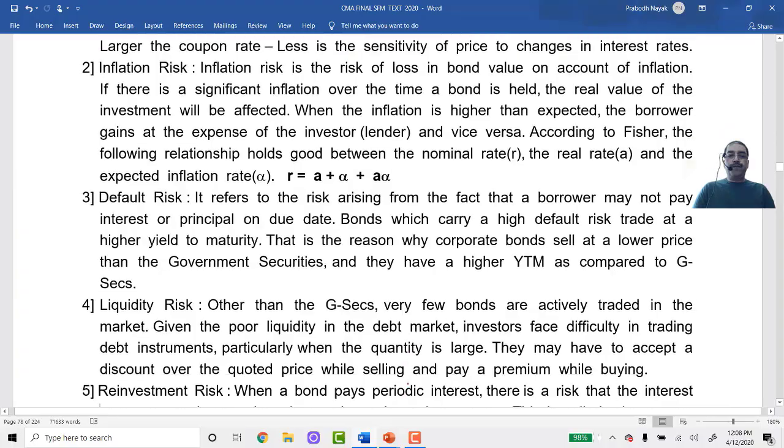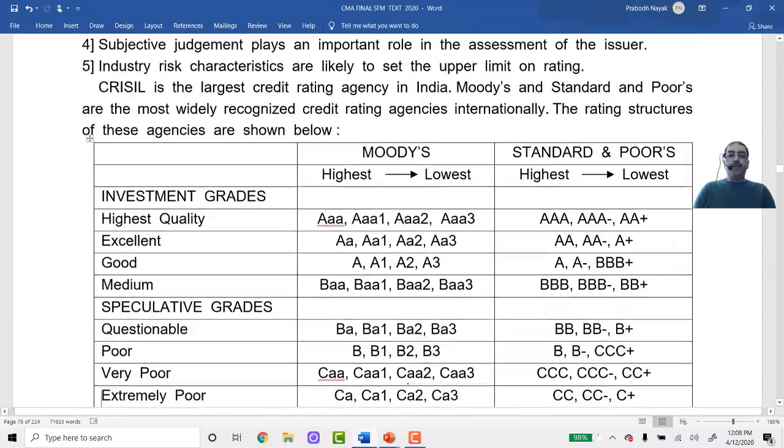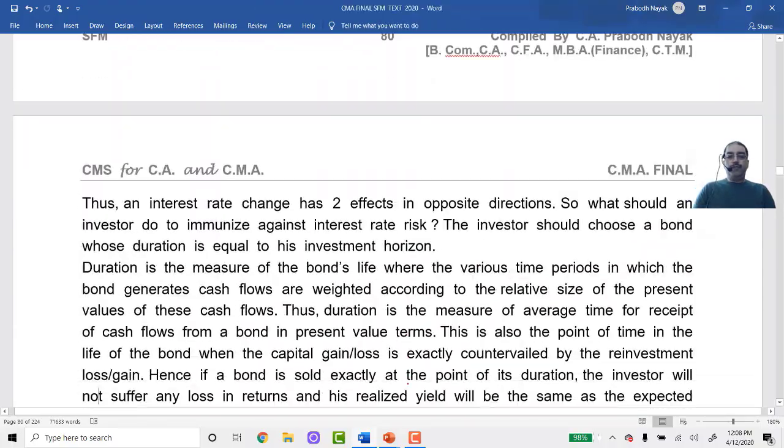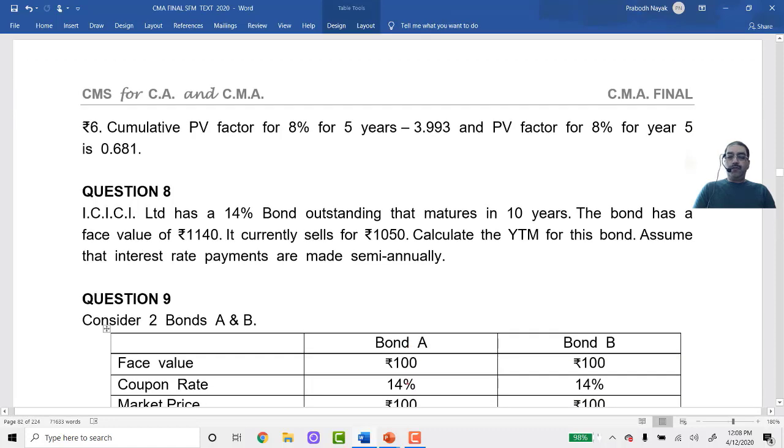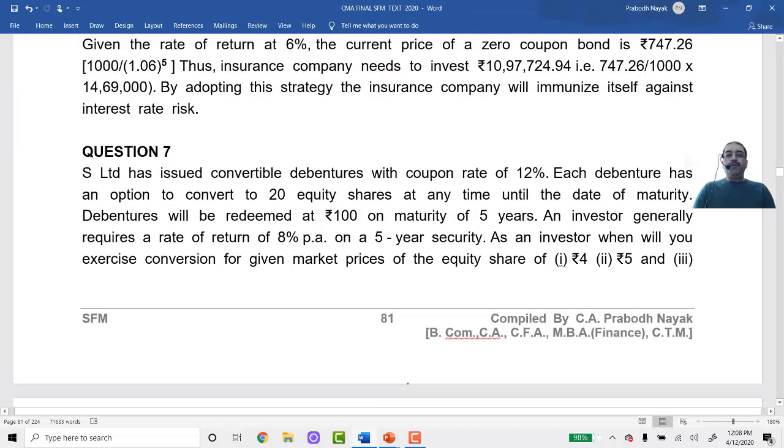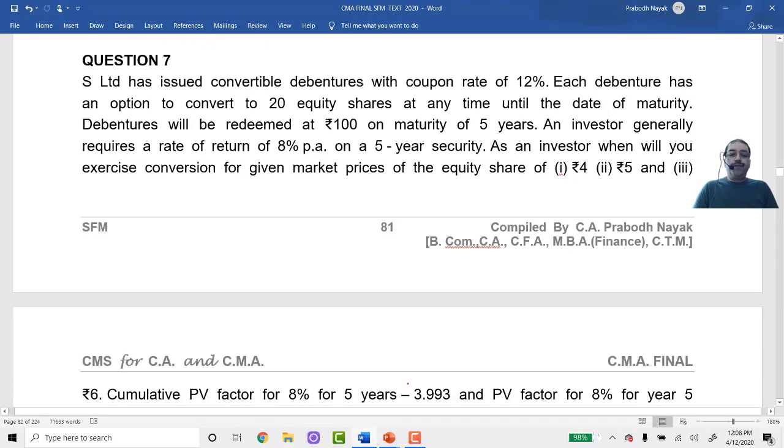Go to your book, page number 81, question number 7. Got it? Okay. Let us see what is the question.